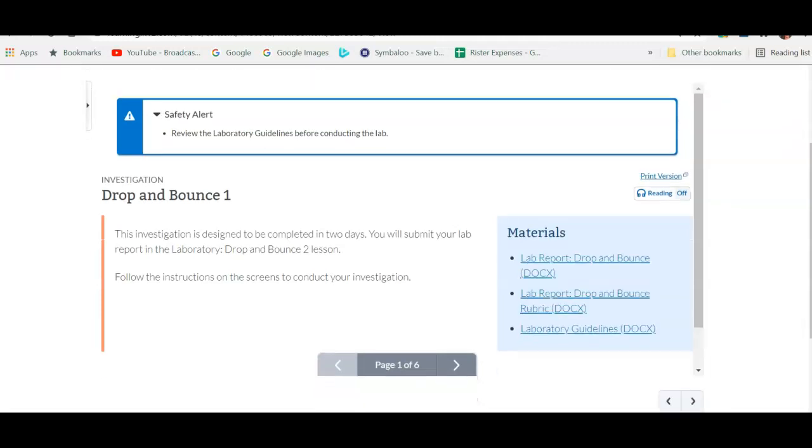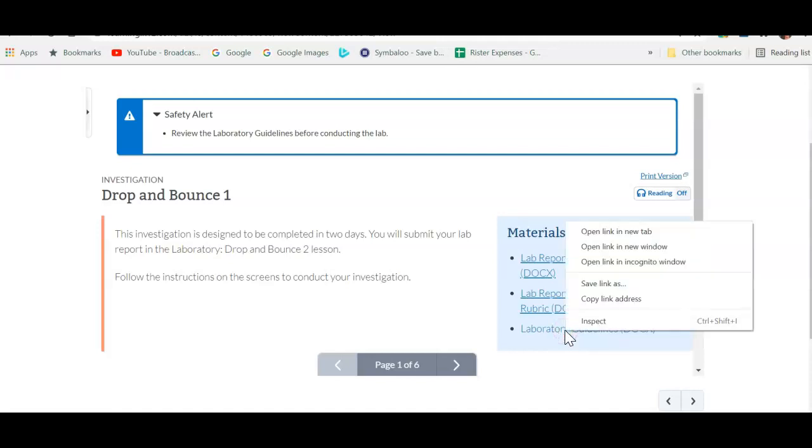All right, so you've got a couple of things going on over here. One, this is your lab report paper. This is what you're actually typing on and submitting, so you need to save that file. This is the rubric telling you how your lab is going to be graded. And this is the lab guidelines, which gives you specific information about the steps you need to follow to complete the experiment.